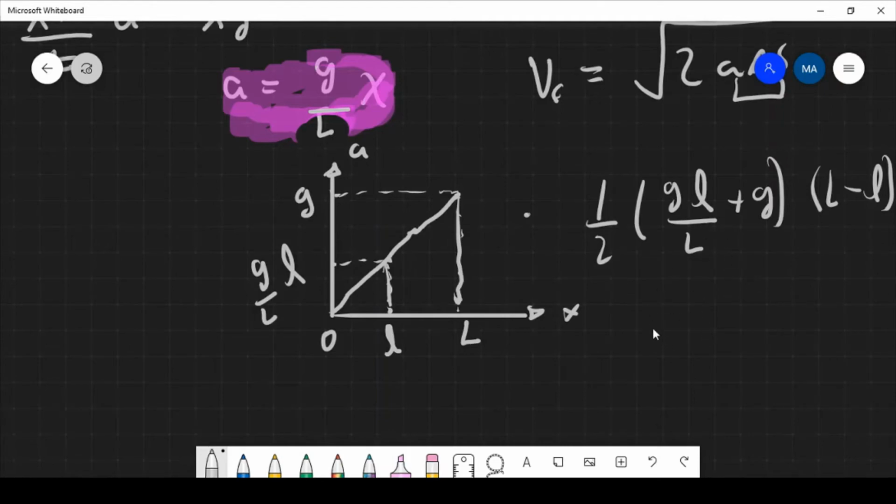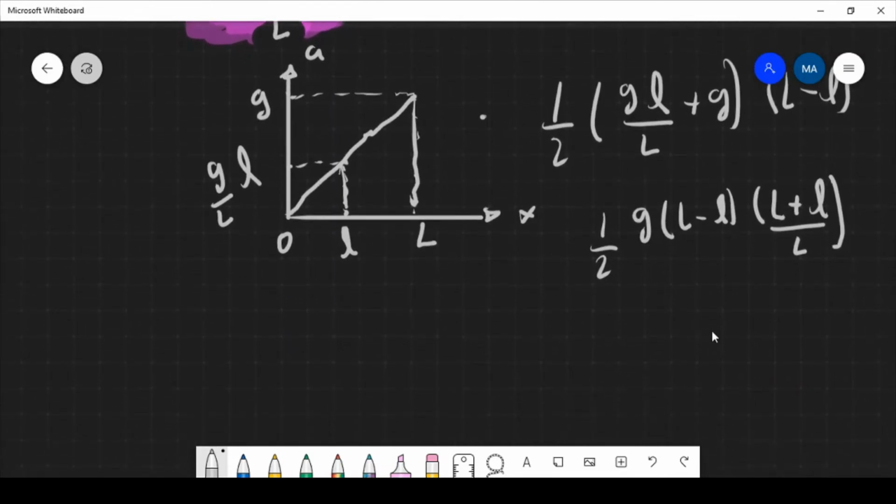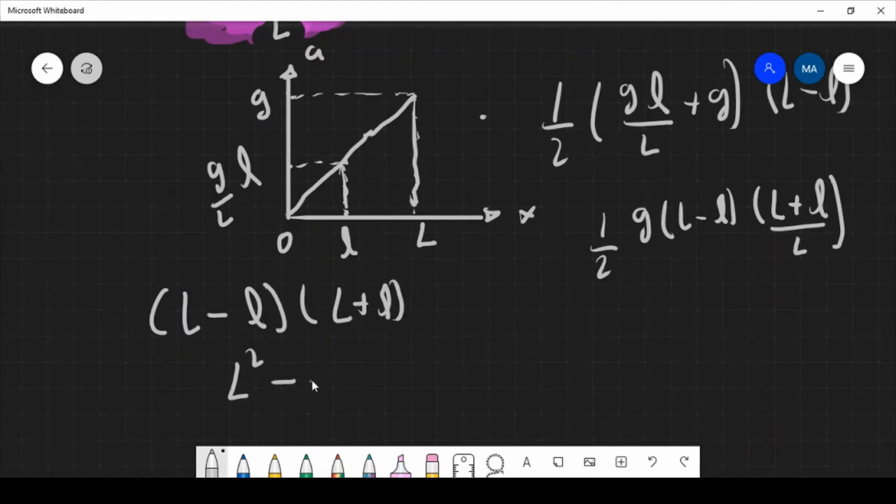So we'll have minus, there's g over here, so g multiplied by L minus small l, multiplied by L plus small l, divided by L. Now this multiplication, you will end up having L squared minus small l squared.